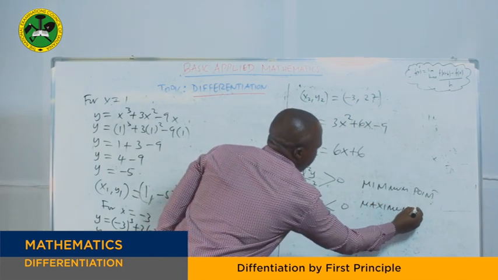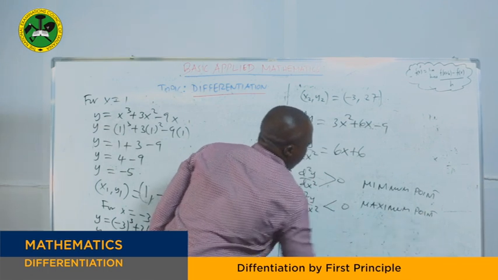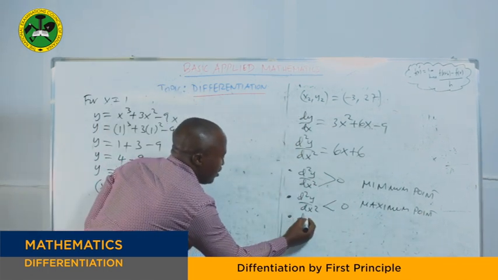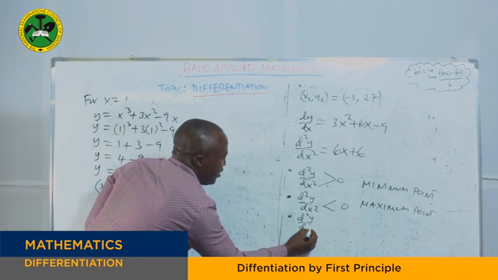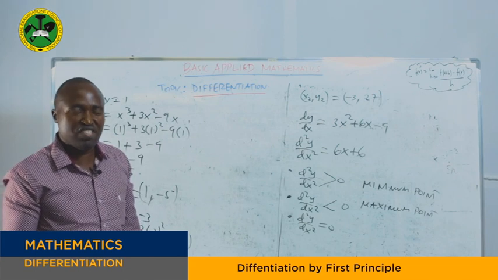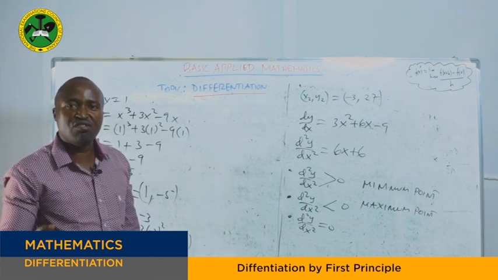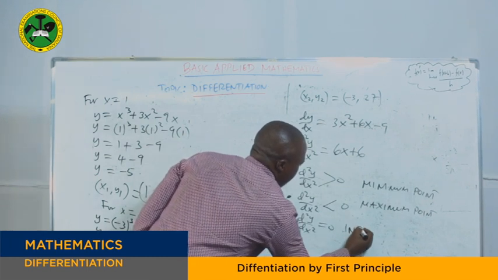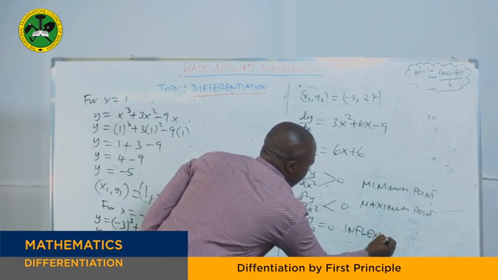And the last one, when the second derivative, d squared y over dx squared, is equal to 0, we have the point of inflection.